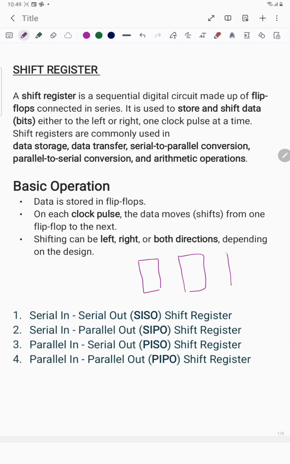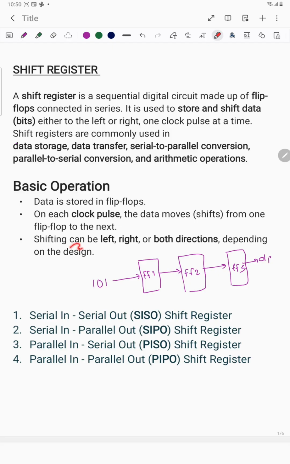Suppose this is a 3-bit shift register with flip-flop 1, flip-flop 2, flip-flop 3, connected in series. On each clock pulse I transmit 3-bit data, say 101, through the flip-flops connected in series, and finally the output is reached there.